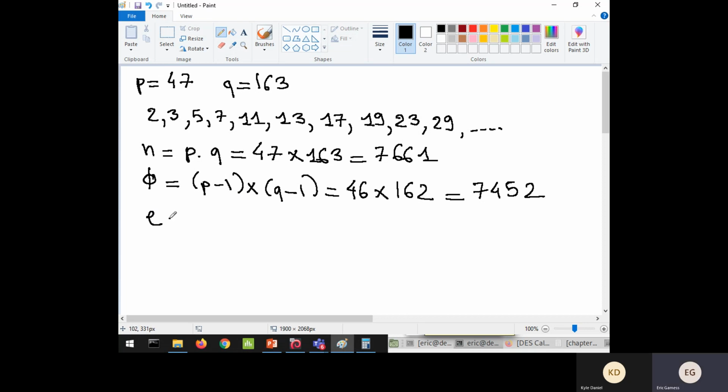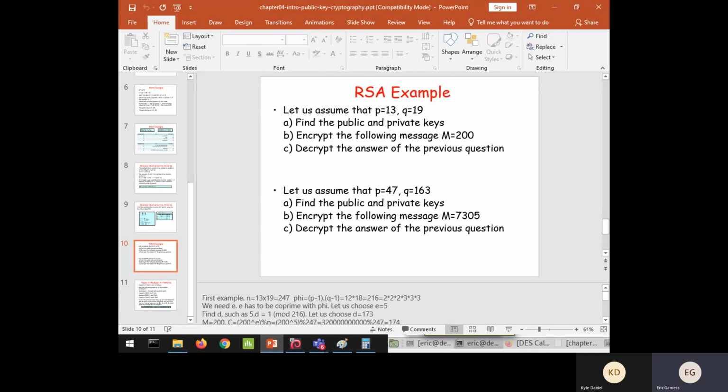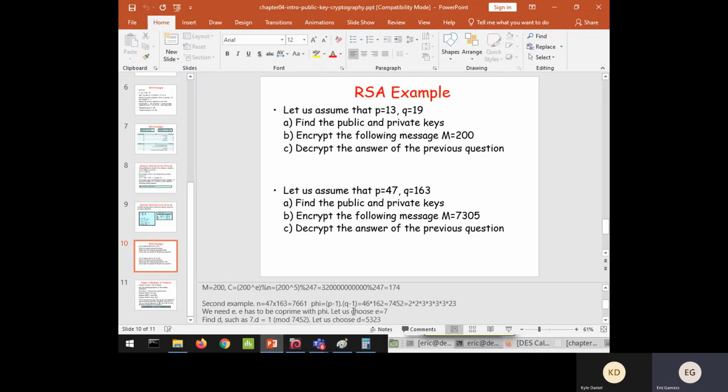We need to choose E, the public exponent, such as what? Any integer that will be co-prime with this one. So, for example, let me see my slide, the one that they choose here, so we can verify that we don't have problem.